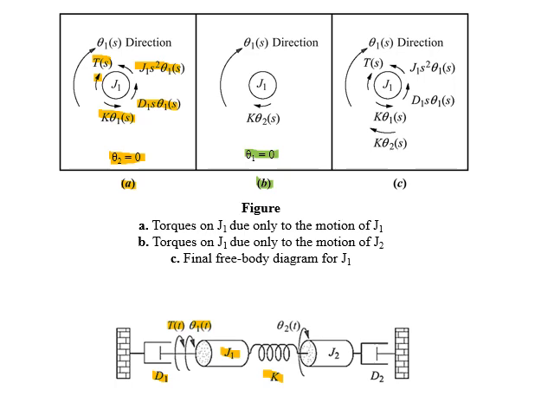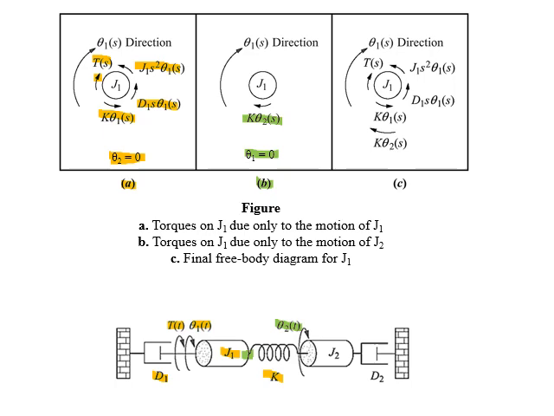The common component between J1 and J2 is the spring with coefficient K. When θ2 rotates, the spring K attached to it will oppose its motion. But if we see, the second end of the spring is attached to inertia J1, so it will tend to rotate J1 in the direction of θ2. And due to this, a torque will be experienced by θ1 transmitted through the system.